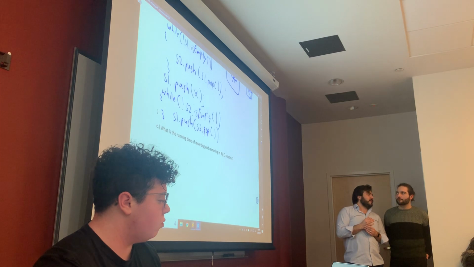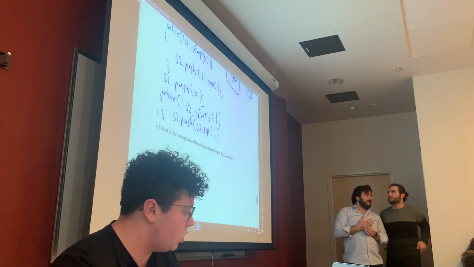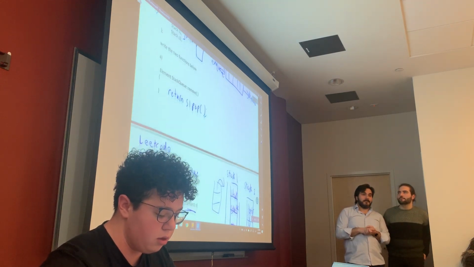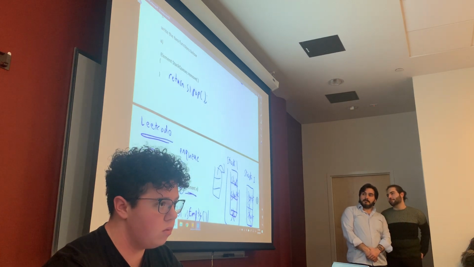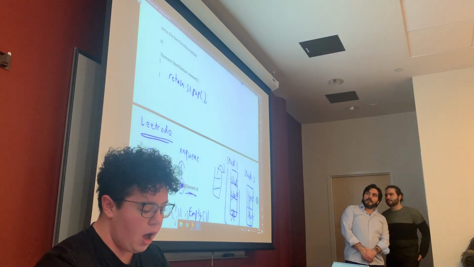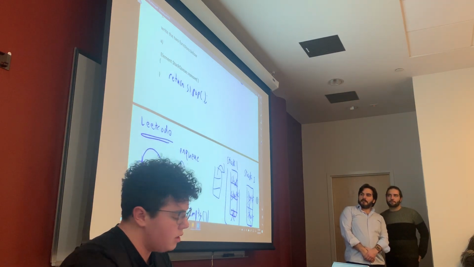Okay, so back to runtime. What is the runtime of each of the above functions in big O notation? So let's start with remove. I'm not sure what the exact answer on the exam was.